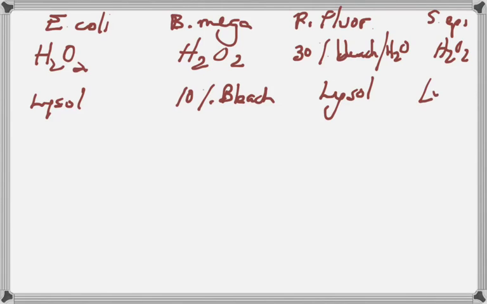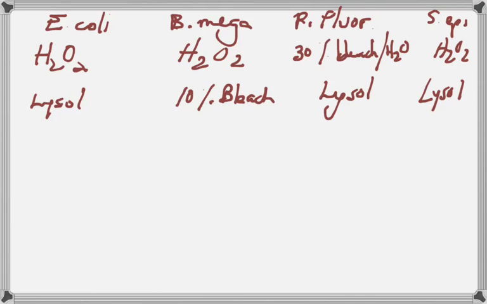Lysol? Okay. So there's a few ways that we could look at this information, right? And when we say best here, we mean the one that at least has the greatest inhibition of growth. And if I'm understanding correctly, most everybody took that to mean the one that has the largest circle around it.